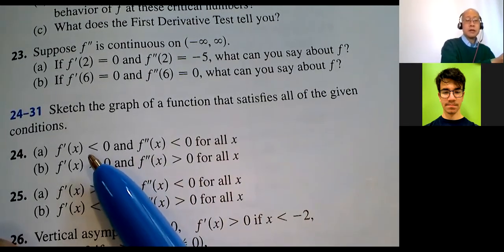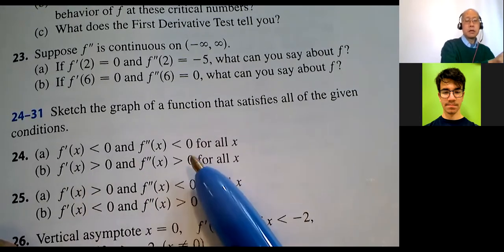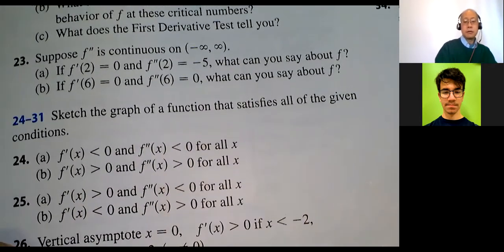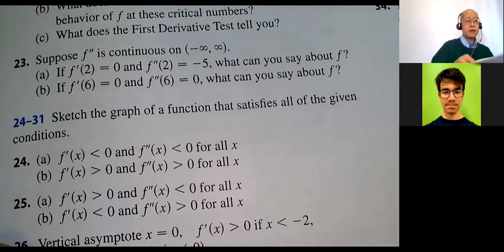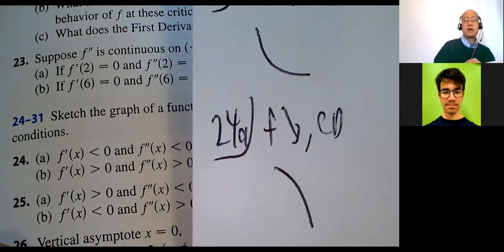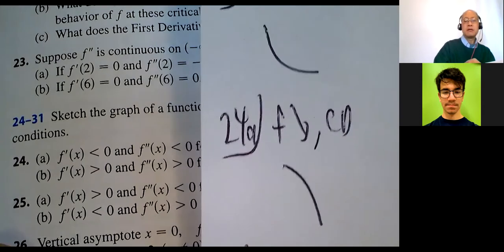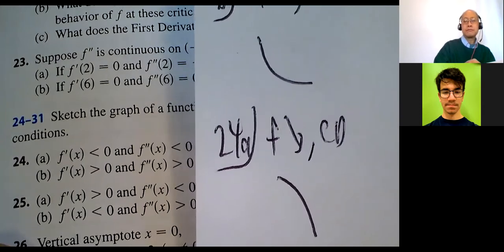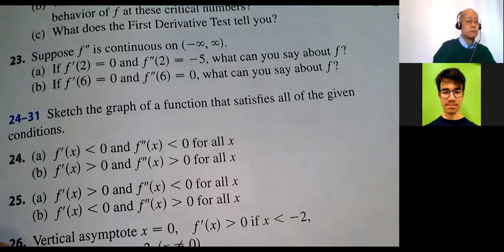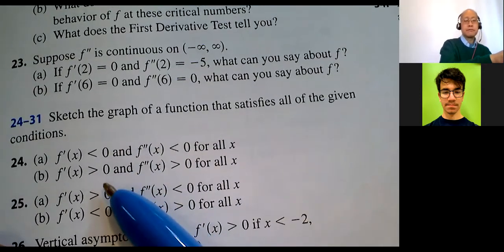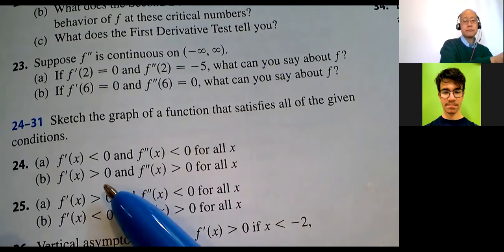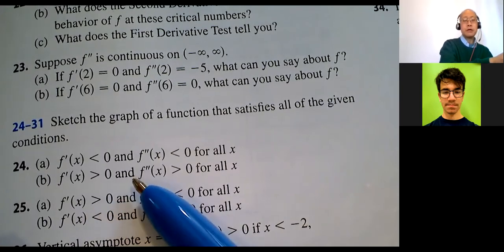All right, so let's see. Decreasing, concave down. So 24A, decreasing, concave down. 24B, F prime greater than 0, increasing or decreasing?